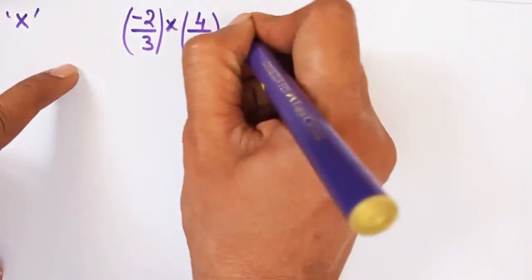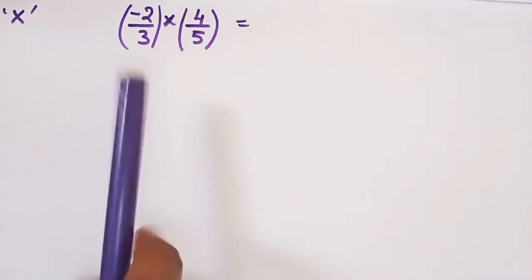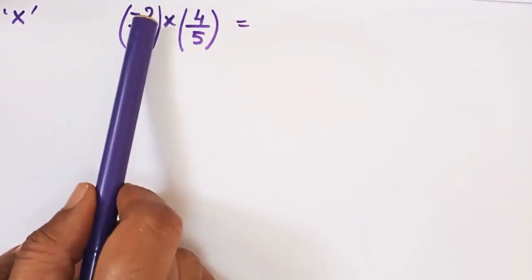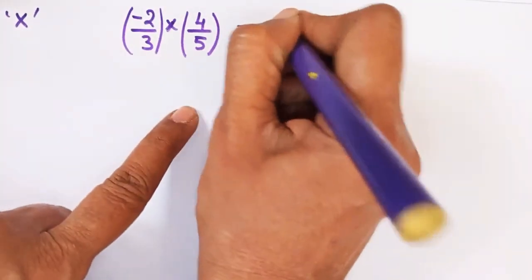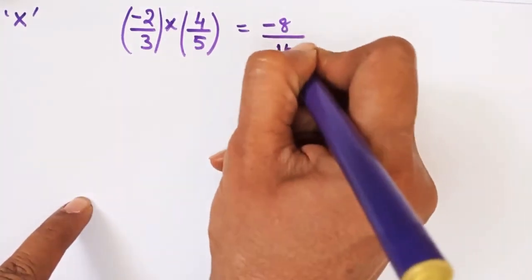So let me check out this. How to multiply? See, multiplication of rational numbers is so simple. You can directly multiply both the numerators. What are the numerators here? Minus 2 and 4. So minus 2 into 4 gives me minus 8 by, directly you can multiply both the denominators. 3 into 5 gives me 15.